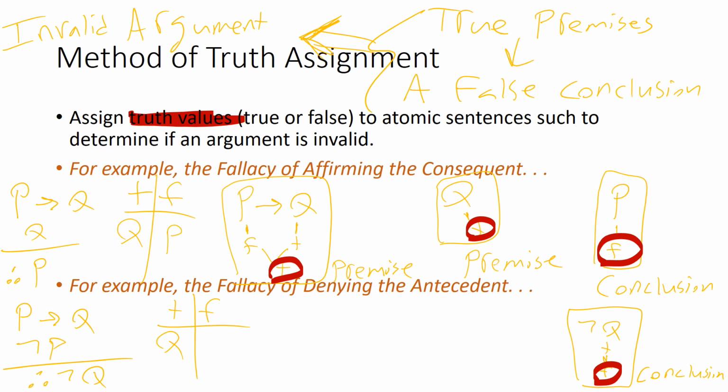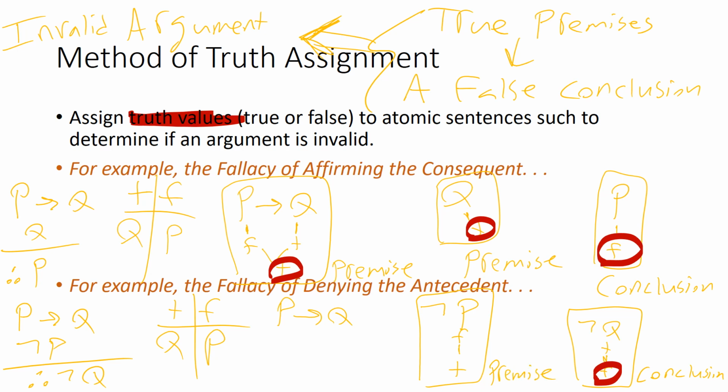We have the premise, if P, then Q, and the premise not P. Well, let's think about the second premise, not P. We want that premise to be true, so we'll say that P is in fact false. So if P is false, then we negate it, so we get something that's true.